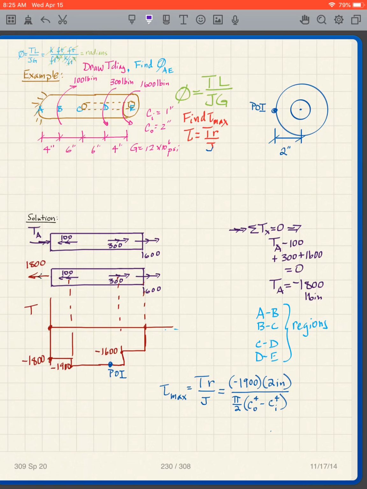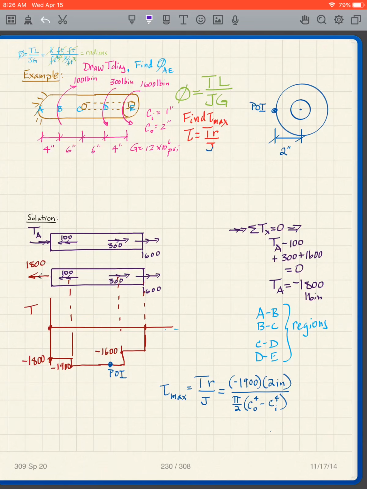Okay, similar problem, only I've had little complications here. And how do we handle that? Very straightforward. So again, I have a shaft anchored to the wall, and I've got 100 pound inches, 300 pound inches, 1600 pound inches.